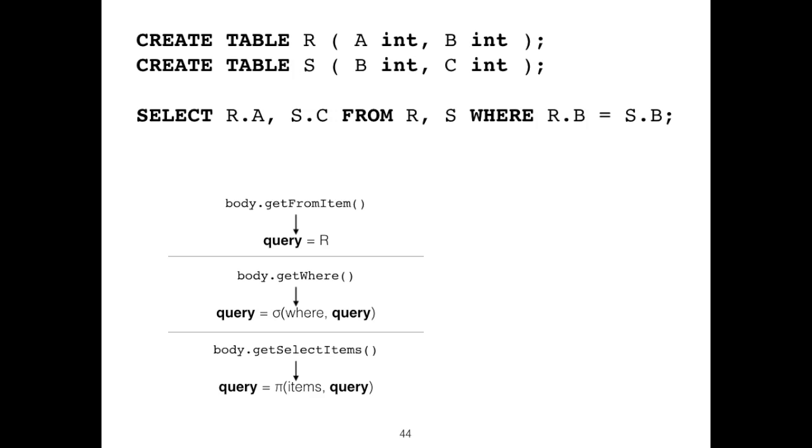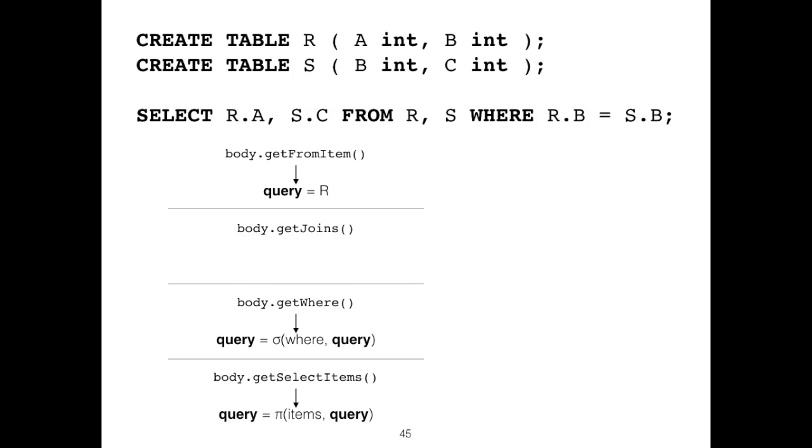Okay. Last bit. So the last bit is that if you have a join, so I said there's body get from item, body get where, and body get select items that gives you the select project input relation. If you have multiple input relations, they're going to appear in this additional bit that you can access by calling get joins. Get joins is going to return to you a list of essentially every comma-separated value.